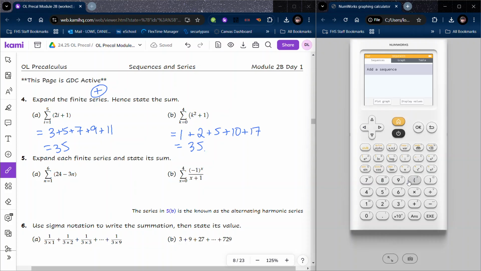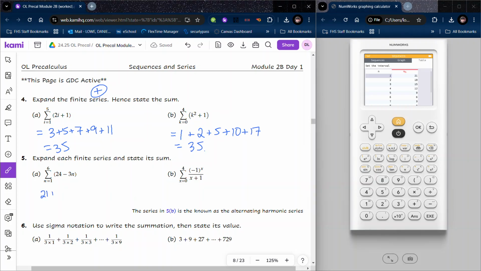For this one, we have 24 minus 3 times my counter. Let me display my values starting at 1, and so that's going to be 21 plus 18 plus 15 plus 12 plus 9 plus 6.